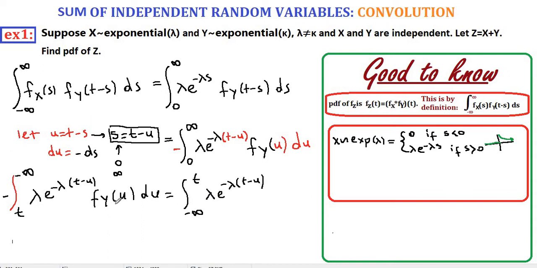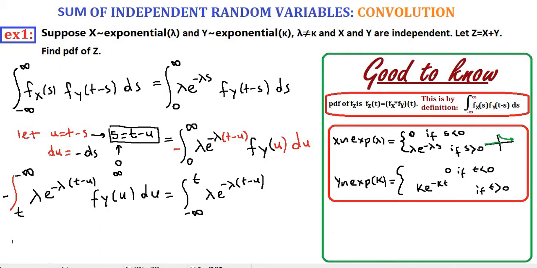Now let's figure out fY. Here, exponential Y with the parameter kappa has this density function: 0 if t is less than 0, and kappa e to the negative kappa t if t is greater than 0.